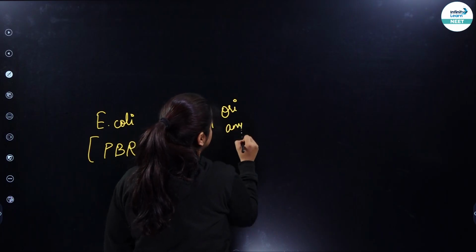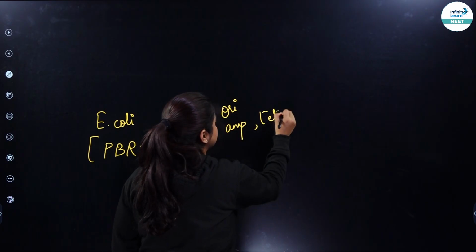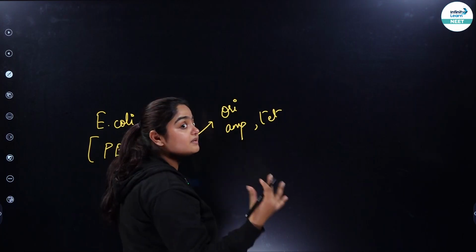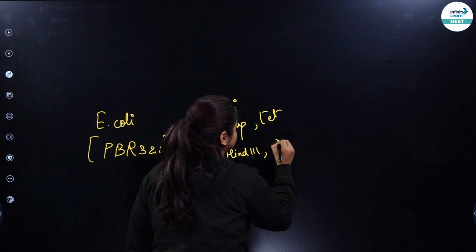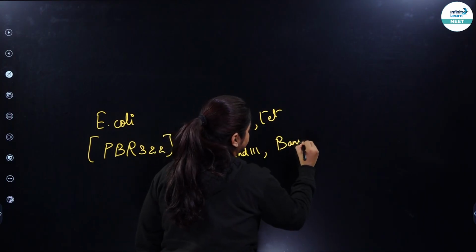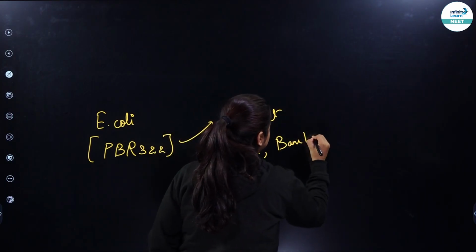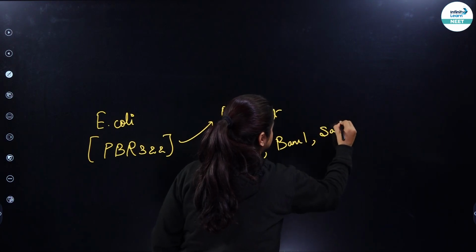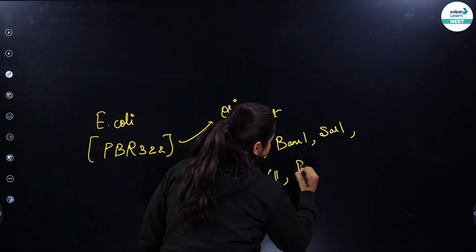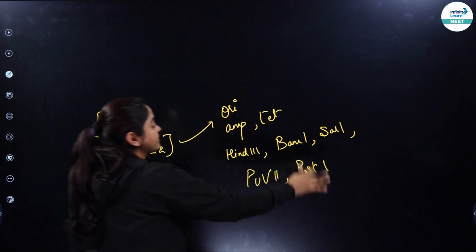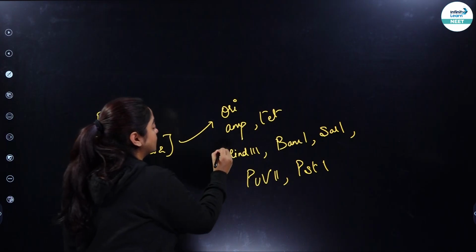It has ampicillin and tetracycline antibiotic resistance genes. It has the restriction sites such as EcoRI, BamHI, SalI. These are the restriction sites which are present, okay?